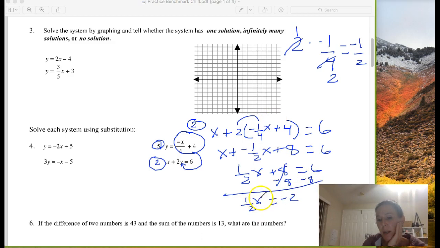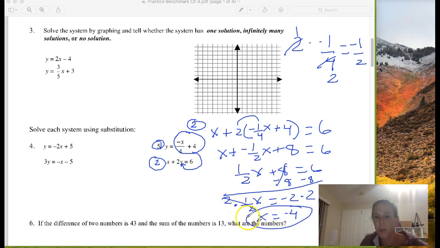Now I want to get x by itself. It's multiplied by 1/2, or divided by 2, you can think of it. To get rid of 1/2, I multiply by 2 on both sides. That gets rid of the 1/2, and I've got x equals negative 2 times 2, which is negative 4. Now I've solved for x.